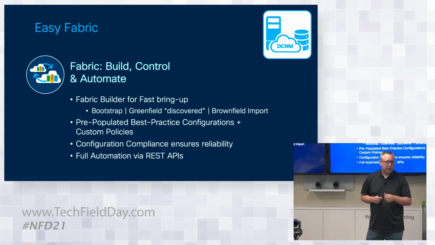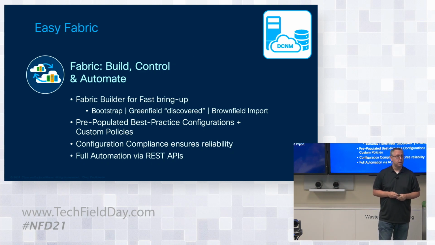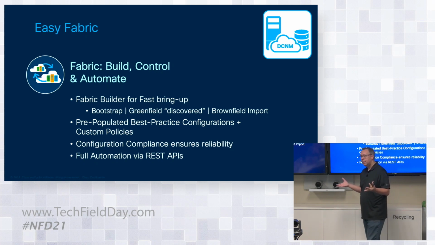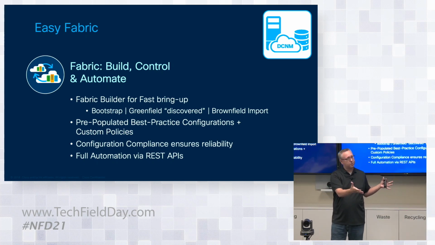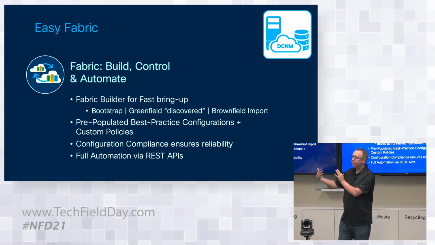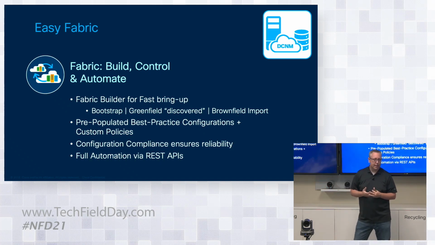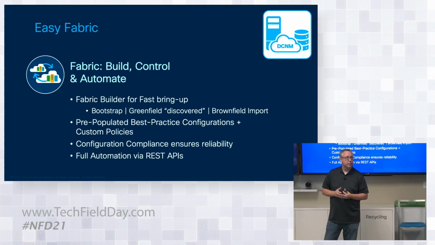Last but not least, and I think it's the most complicated thing to do these days, is brownfield. So having an existing network and trying to assimilate all of that configuration into DCNM. Take, for example, VXLAN EVPN: you configure it by hand, and you guys know how many lines of CLI you probably could have.